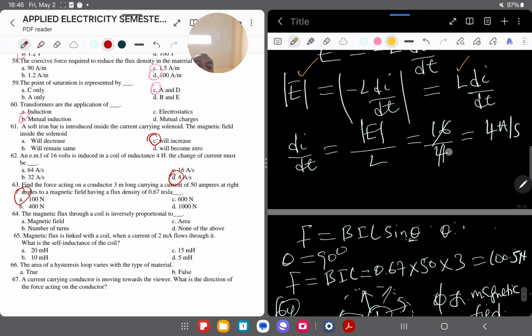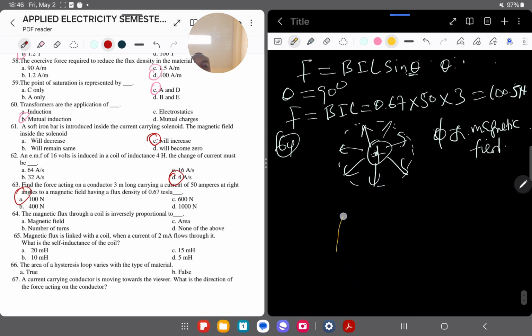If you have just one single coil, and you compare it to one with a lot of coils, the magnetic flux is going to be more in the latter. So B is also wrong. The number of turns is directly proportional to the magnetic flux.